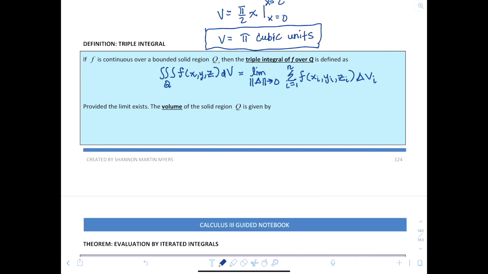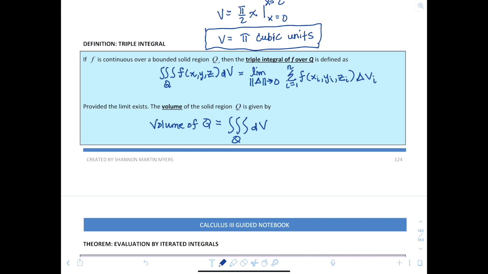The volume of the solid region Q is given by the volume of Q, the triple integral over Q of dv, or the triple integral over the region Q with respect to v.